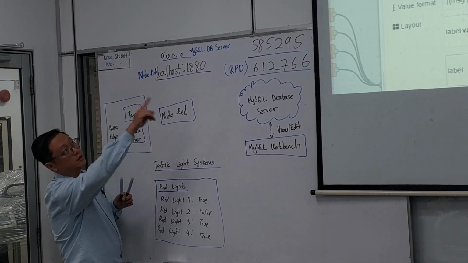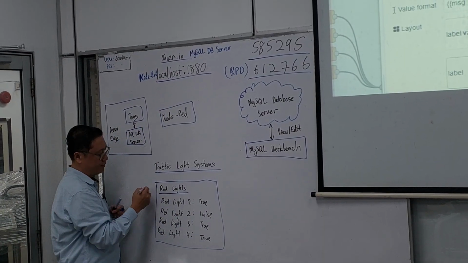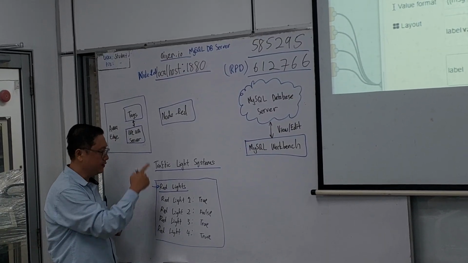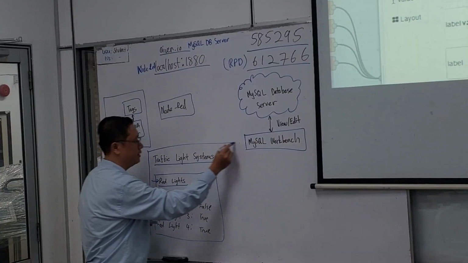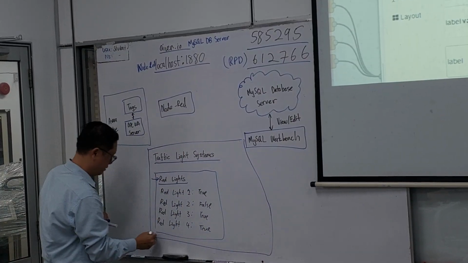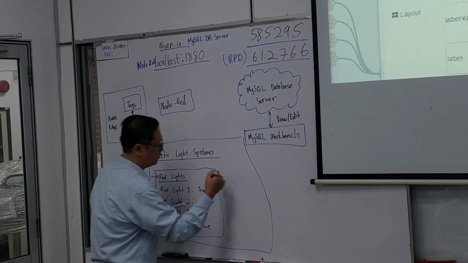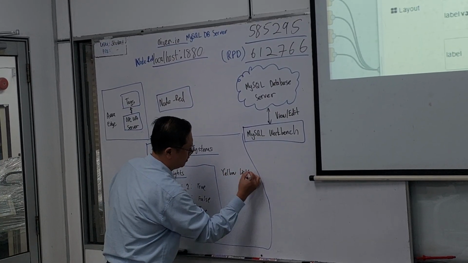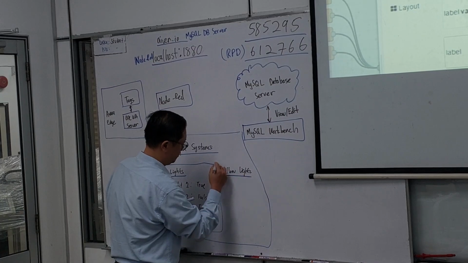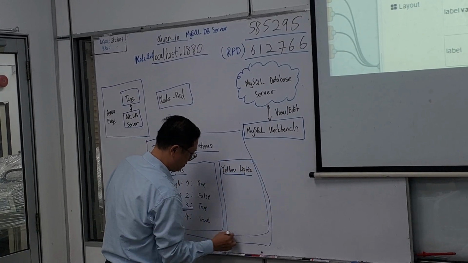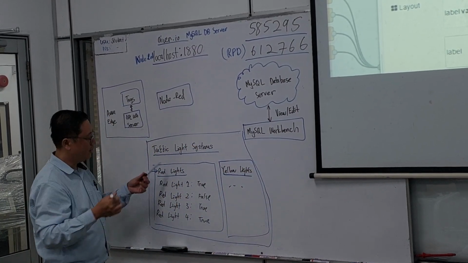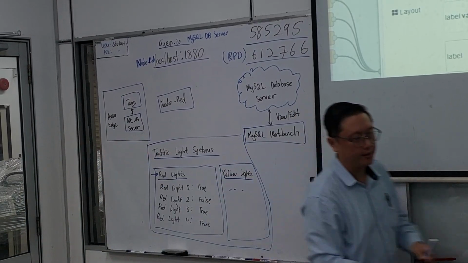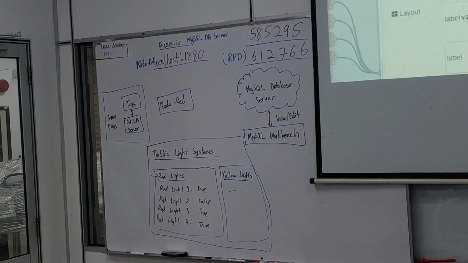Okay. So now we're going to edit this thing, this red light here. Okay, we're going to edit this particular group. After that, we will only edit the bigger one, the bigger groups. So after that, we also have later on the yellow lights groups. Okay. So now we do this, edit this red light group. After that, we add this as a whole big one, the whole tab, okay, the whole dashboard tab.